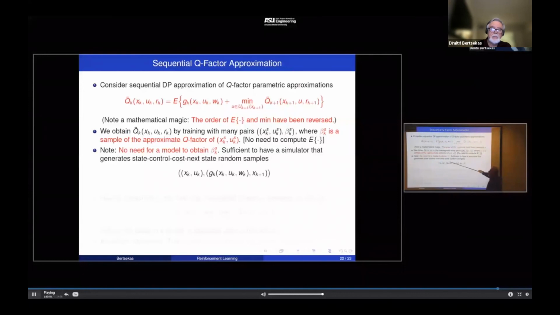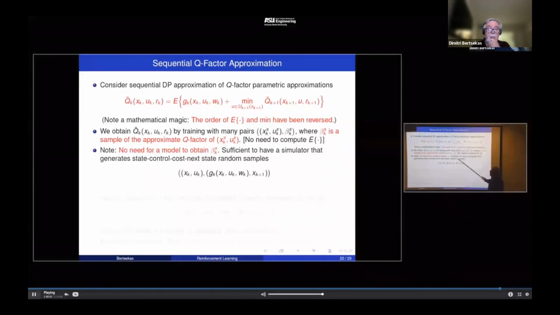In fact, I can do all these calculations without a model. It is sufficient to have a simulator that generates, for every state control pair, the cost and the next state. That's all you need to implement these calculations here.